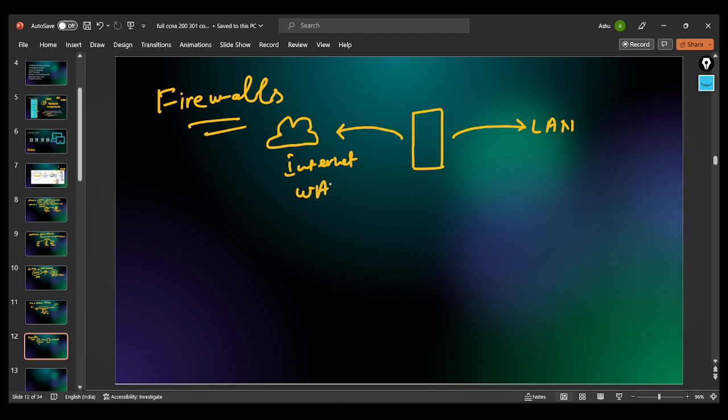That means WAN. Then this gate is known as a firewall. Clear? Because it protects us.